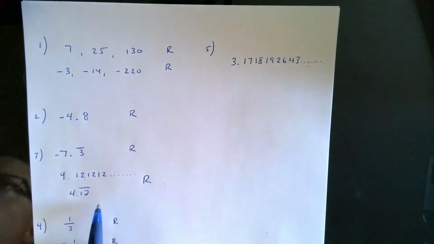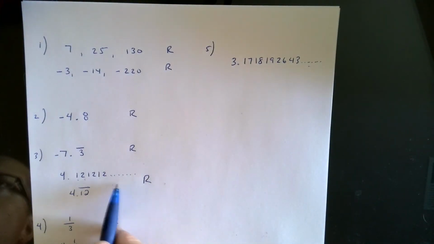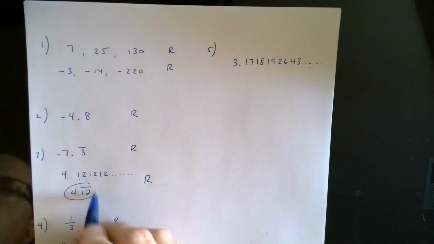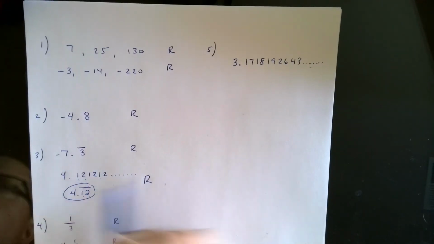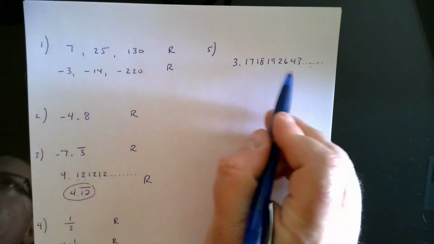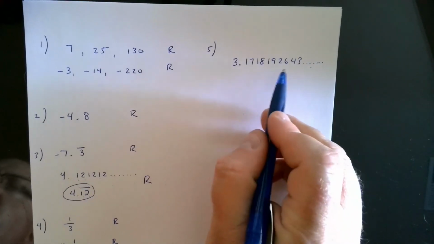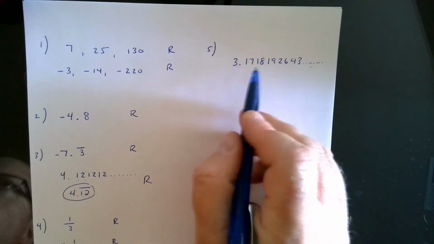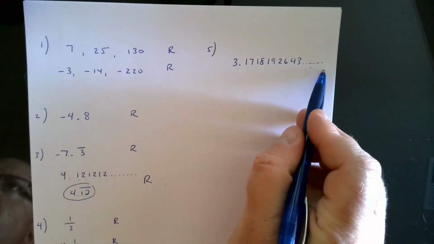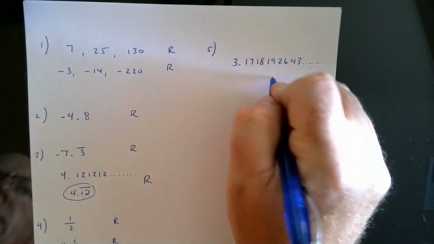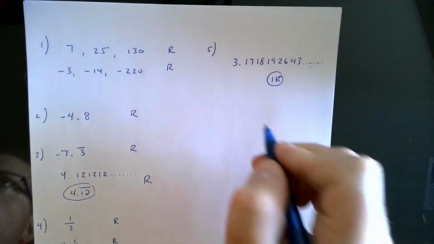But notice this one also had dots, right? But there was a pattern. It was 4.12 repeating. But up in here, there is no pattern of anything repeating. It goes 17, like 18, 19, 26, 43. There's nothing repeating. And it just keeps going and keeps going. This is what we call an irrational number.